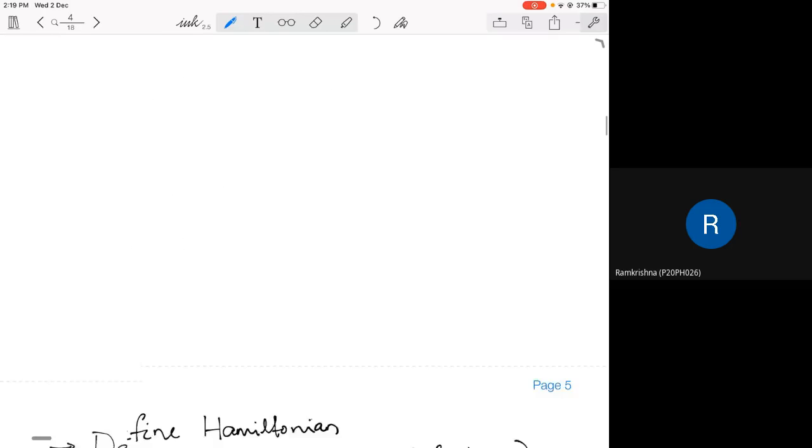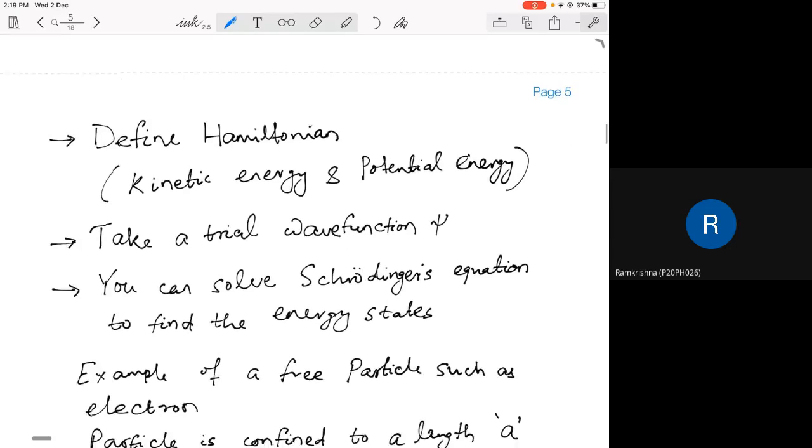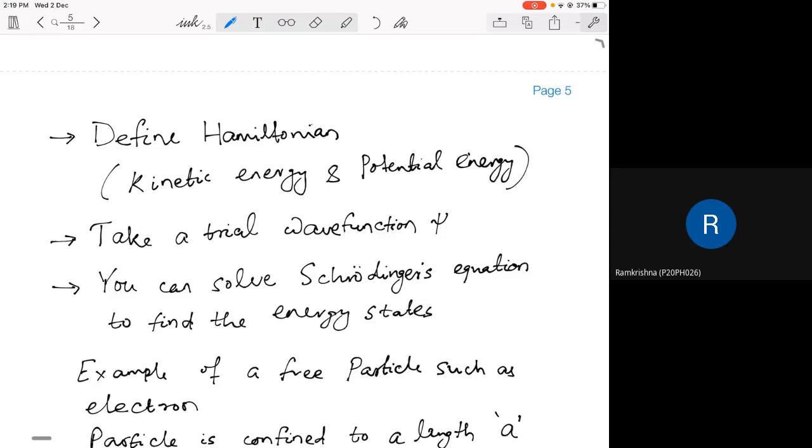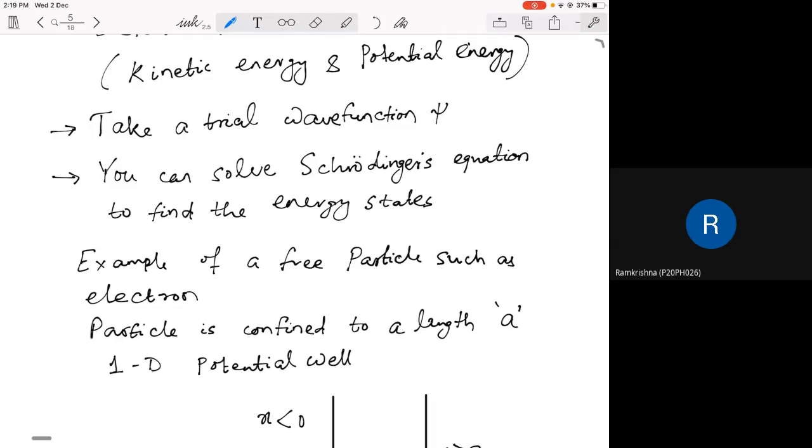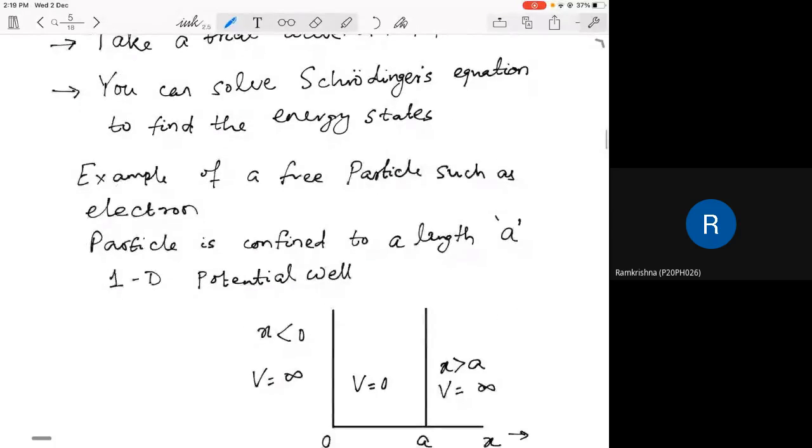Here I just mentioned how one can solve a typical Schrodinger's equation to find the energy eigenstates.